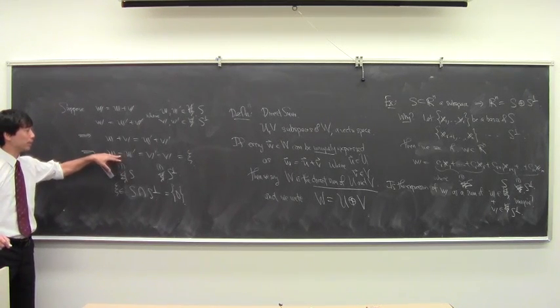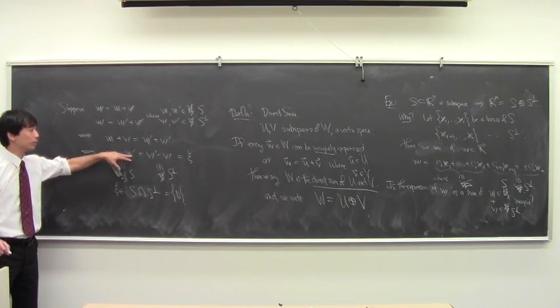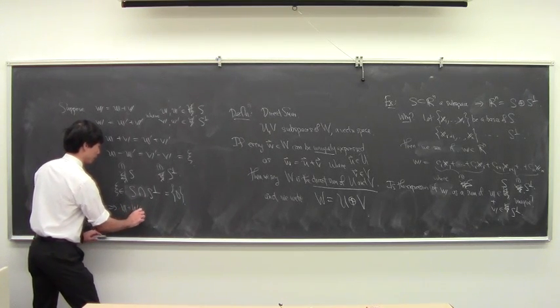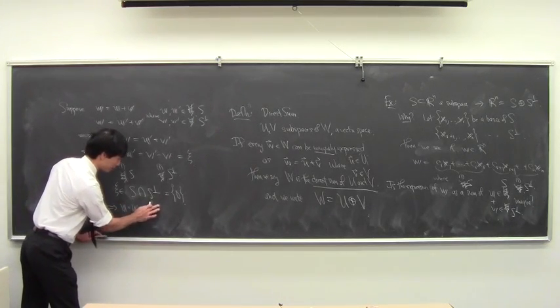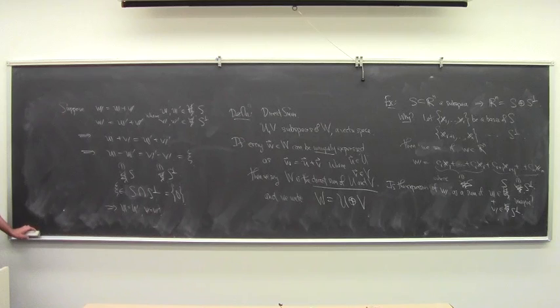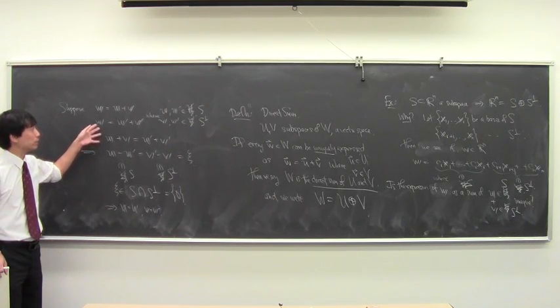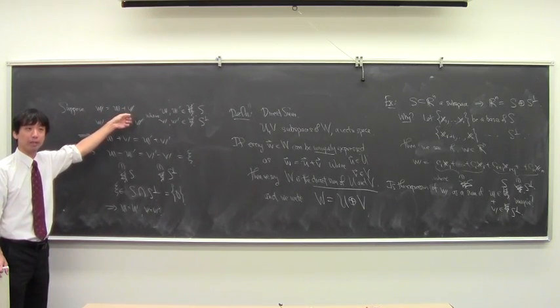And being 0, that gives you that u minus u prime is 0, so u equals u prime and v equals v prime. So there is no other way to express w as a sum of something in U and something in V.